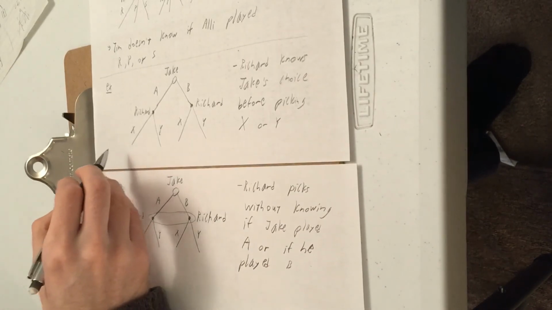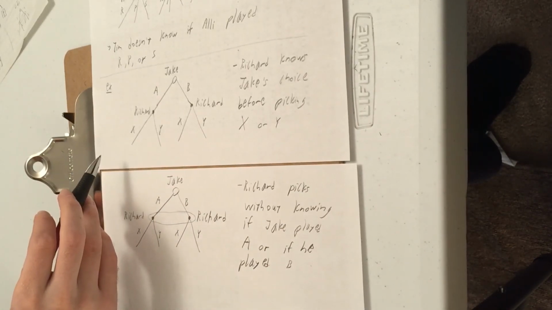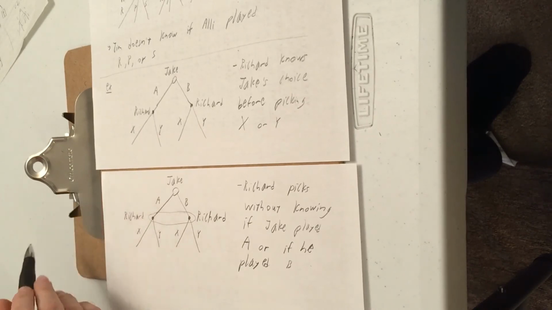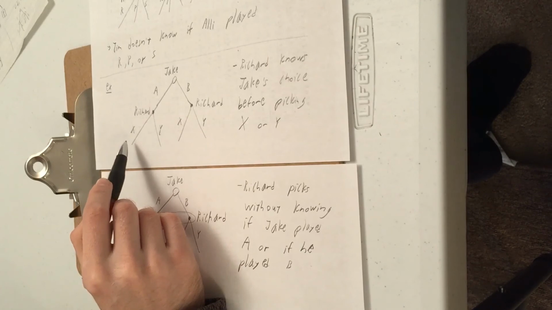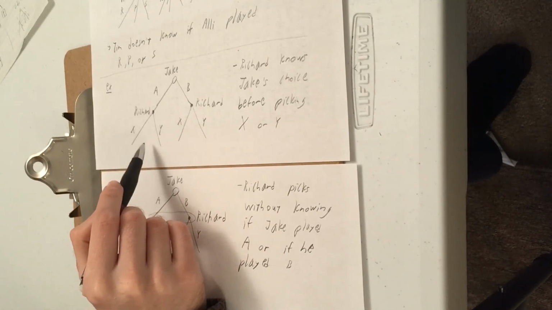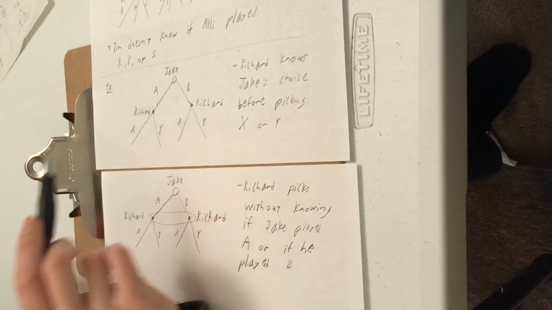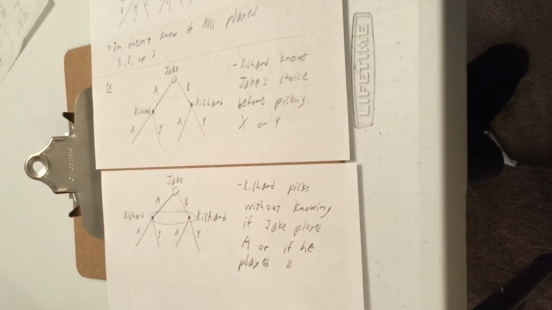So here in this game, we said in our last episode that Richard had 4 strategies. Remember? Richard could play X if A, X if B, X if A, Y if B, Y if A, X if B, or he could play Y, Y. In this game, though, Richard only has 2 options.